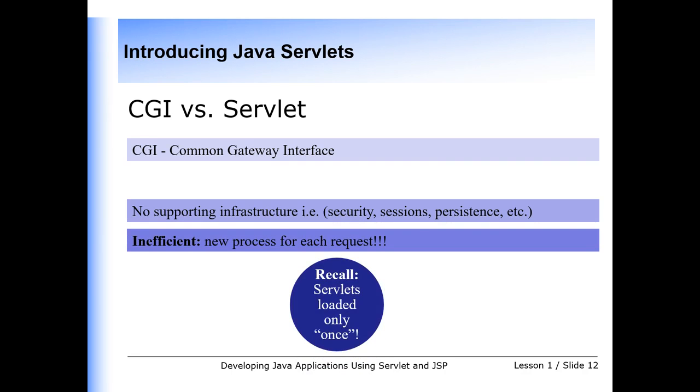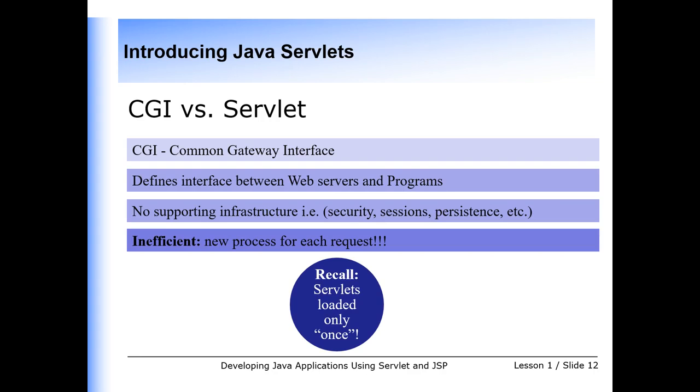That's why we have a requirement for servlets. On the other hand, servlets are loaded only once. CGI provides only an interface between web server and programs. CGI programs can be written in any programming language, which makes it mostly platform dependent.